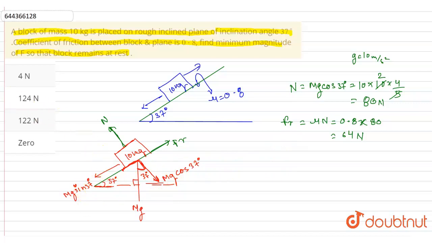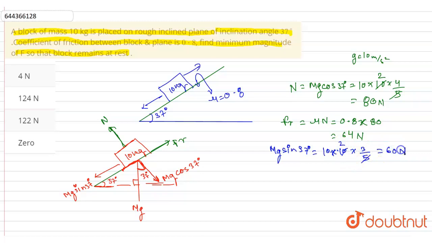So mg sin theta means mg sin 37. It is equal to 10 mass of block, 10 acceleration due to gravity, and sin 37 is equal to 3 by 5.